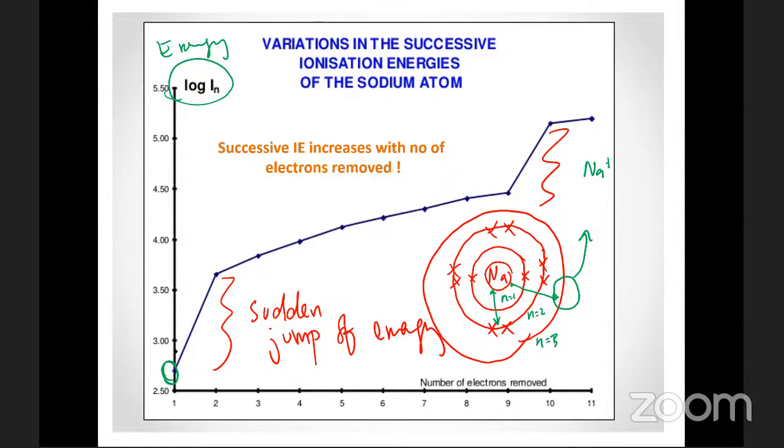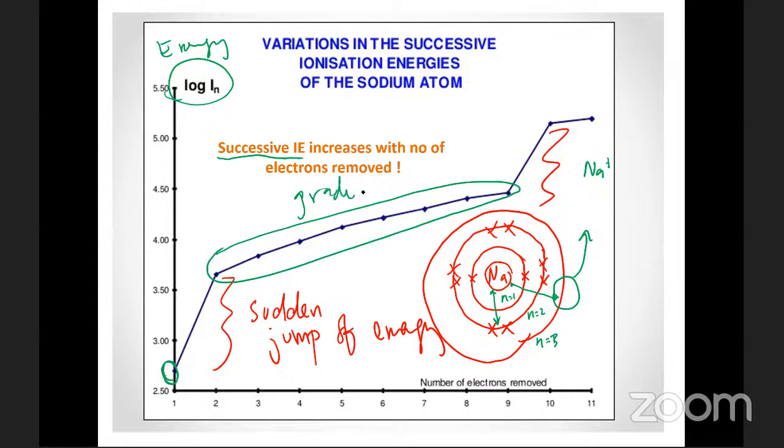But when you want to remove the next electron, called a successive electron, you will require a bit higher energy. But look, there is a sudden jump here. This one increases gradually, but not a sudden jump. This is the first electron, this is second, third, fourth, fifth, and so on.